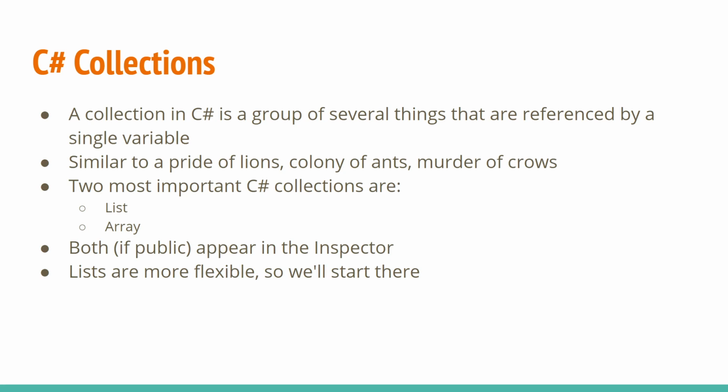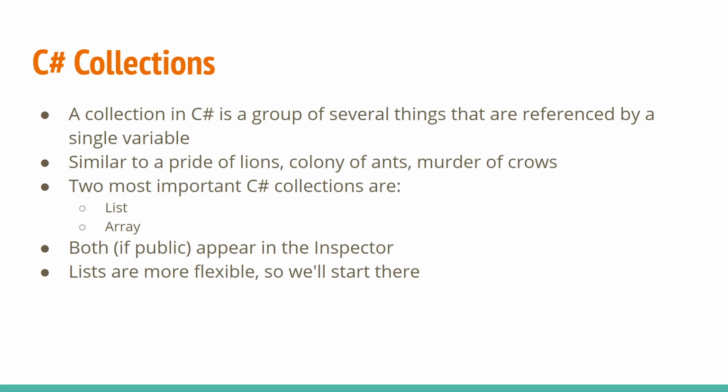I think dictionaries do now as well. That has actually changed since I first wrote this slide. Dictionaries are a much more special case, a more advanced type of thing. So we won't talk too much about dictionaries, but you've probably seen them in other programming courses by now. But we'll focus on lists and arrays.